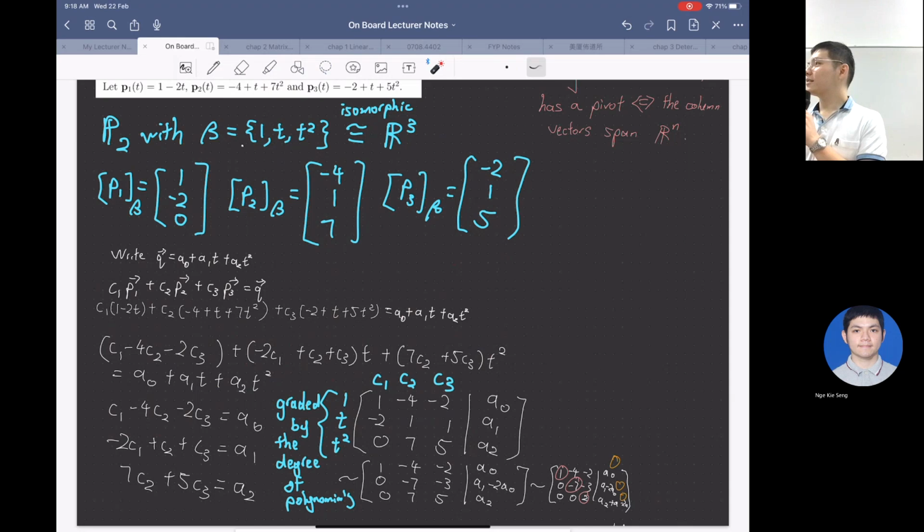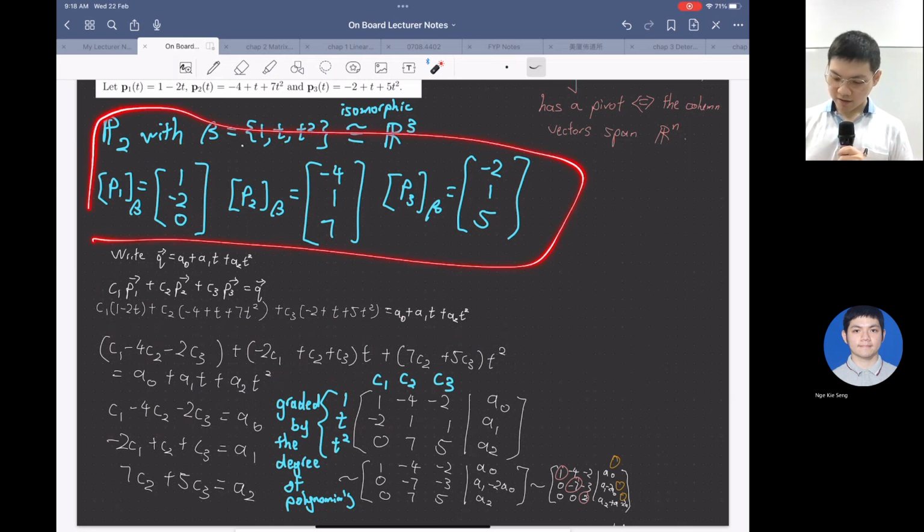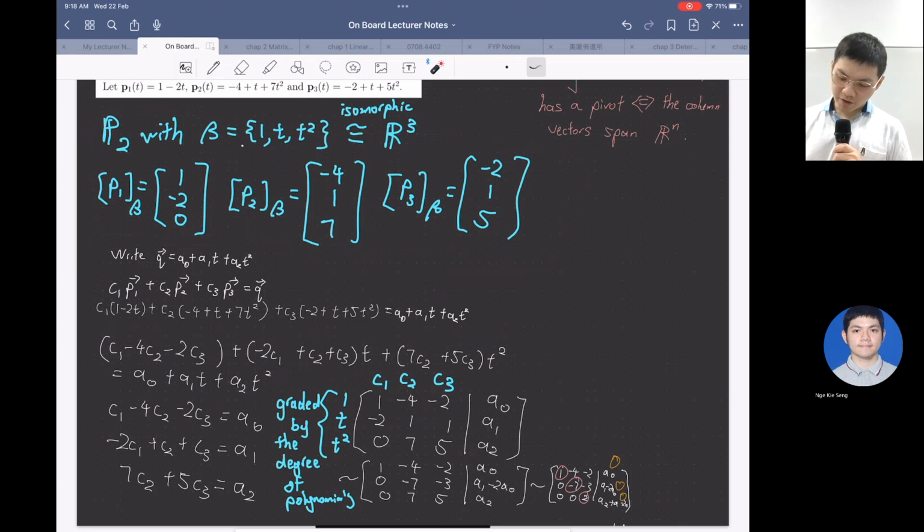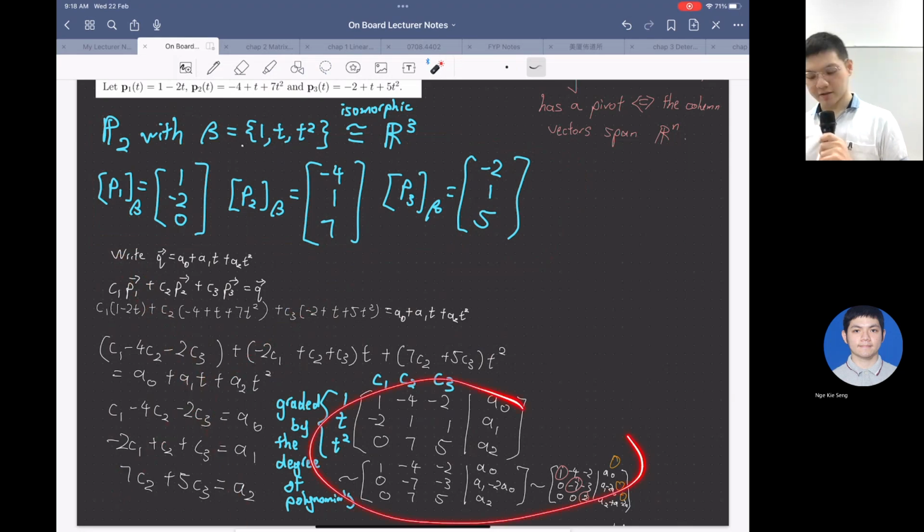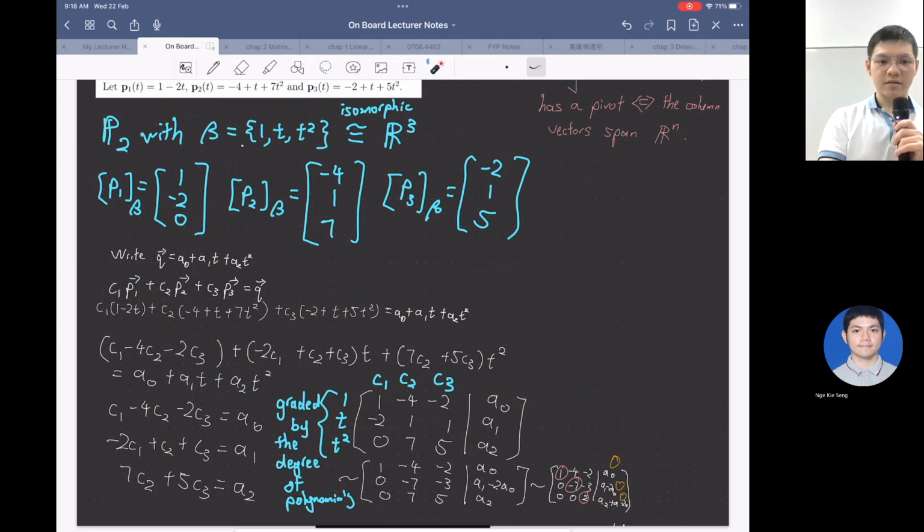Is it okay? Okay. So really, after we have learned this coordinate vector, there's no need to start from scratch. You can just start from here, but make sure you compare the right things.